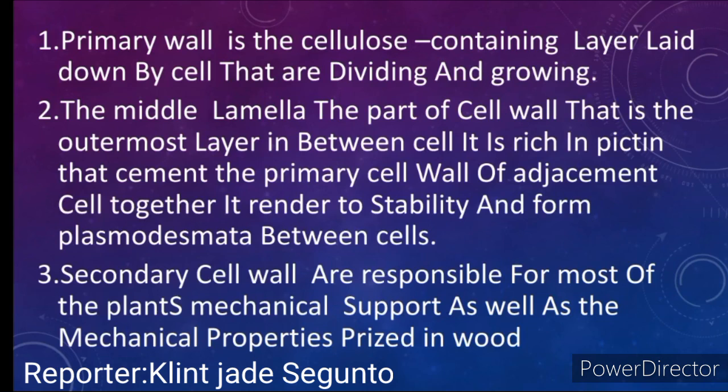It is rich in pectin that cements the primary cell walls of adjacent cells together. It renders tractability and forms plasmodesmata between cells. Third, the secondary cell wall is responsible for most of the plant's mechanical support as well as the mechanical properties prized in wood.